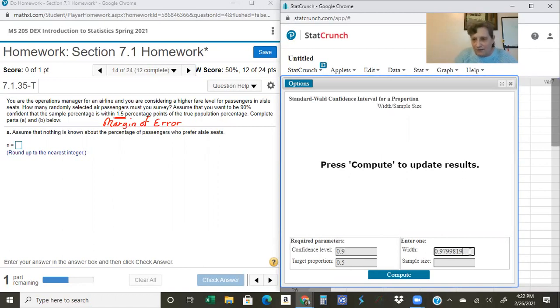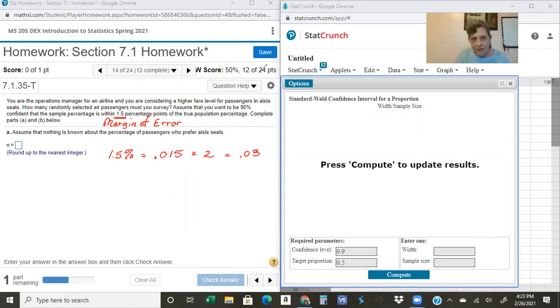Now the width is going to be double the margin of error. Does that make sense? You've got your proportion, your margin of error goes up and down, so the width of your interval is double the margin of error. This is 1.5%, so that would be 0.015, and if we multiply that by 2, we get 0.03.